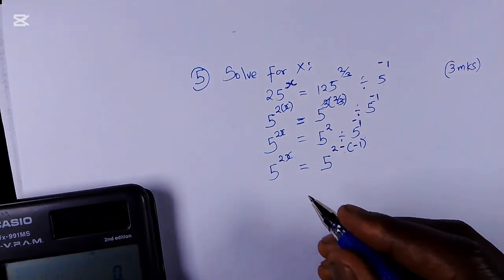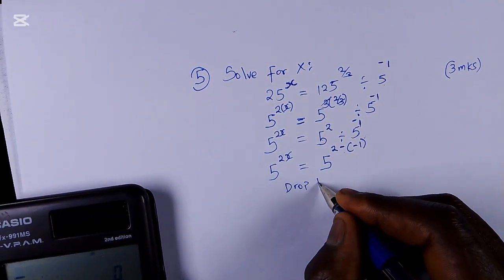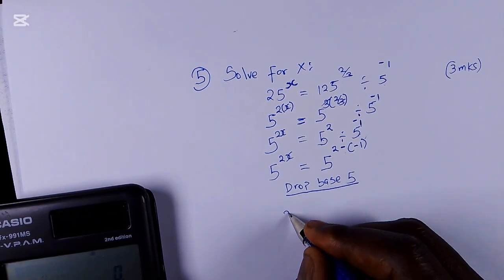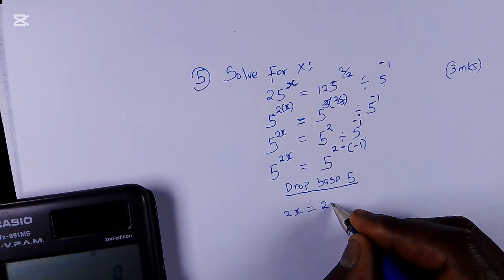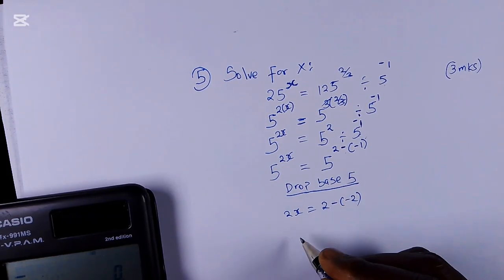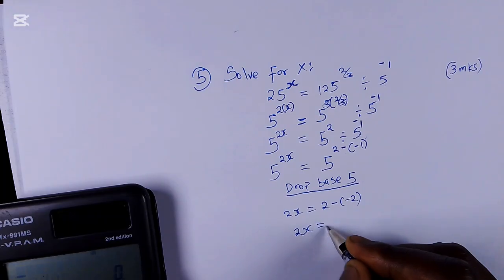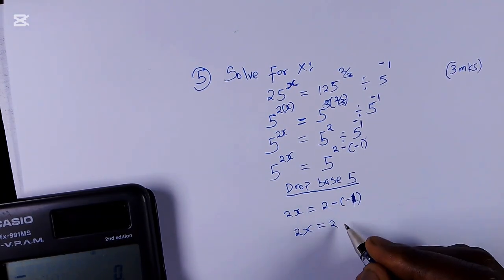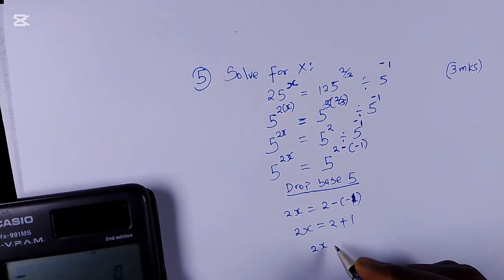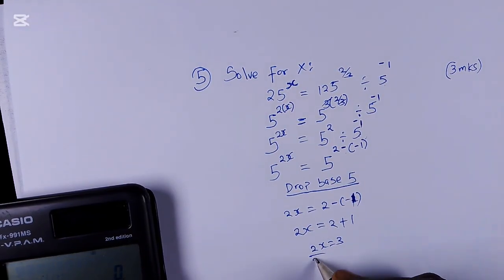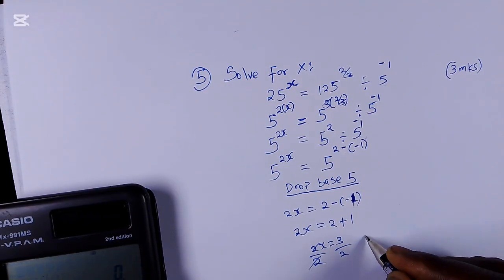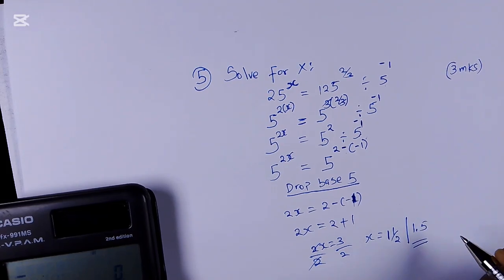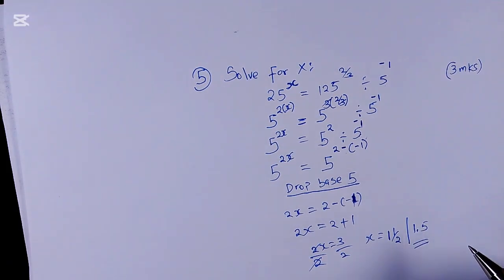And by having that, we will drop base 5, and we will be left with 2x is equal to 2 plus 1, so 2x is equal to 3. We will divide both sides by 2, and we will have our x as 1.5. By doing that, we are done with question number 5.